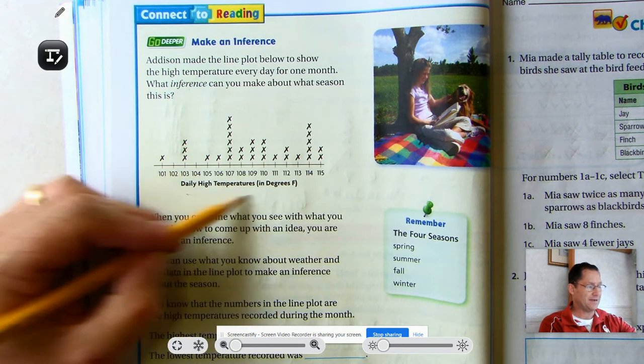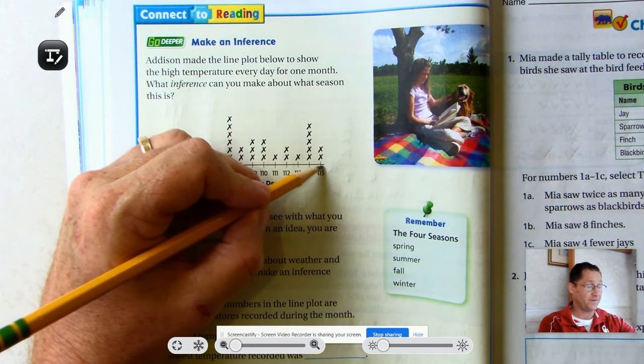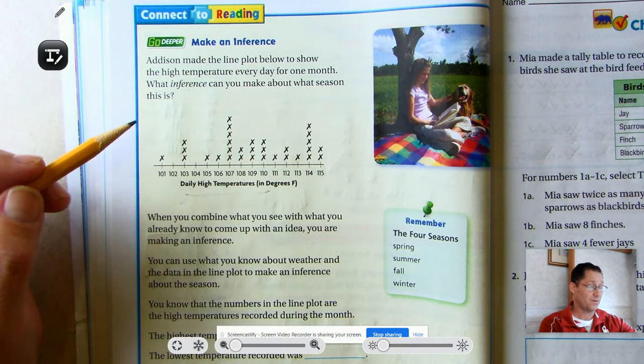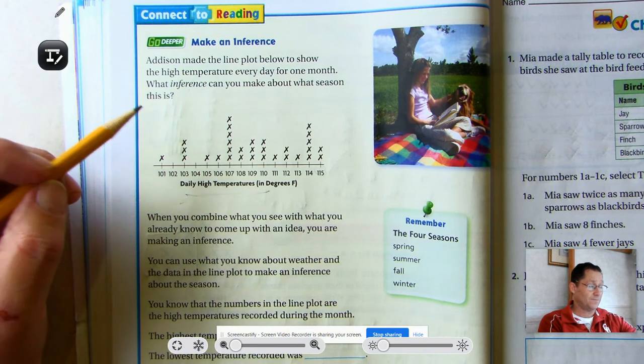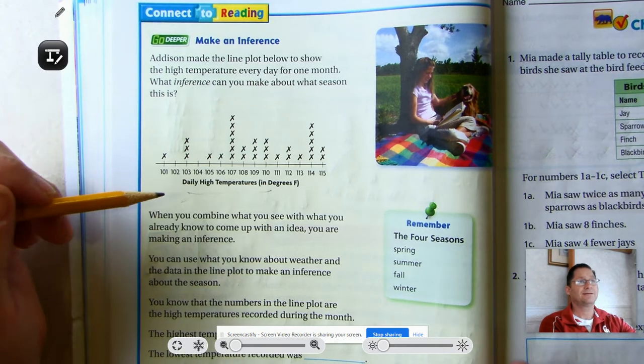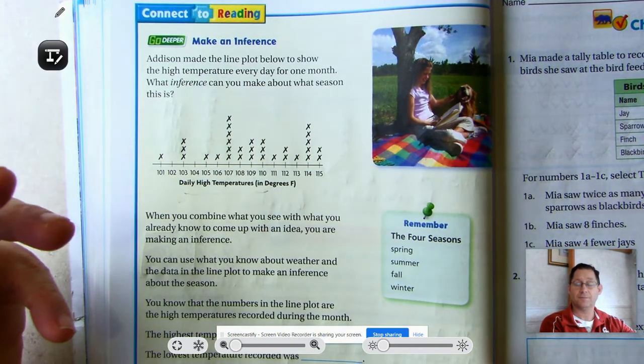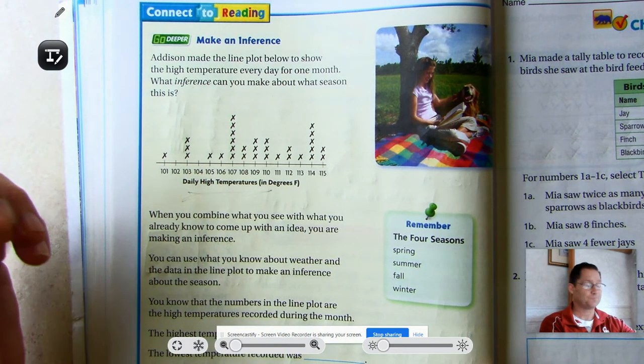And so daily high temperatures, and we see the lowest temperature was 101, and the highest was 115 degrees Fahrenheit. Well, we should know from temperatures that anything above 100 degrees is pretty warm. So that's one clue right there.